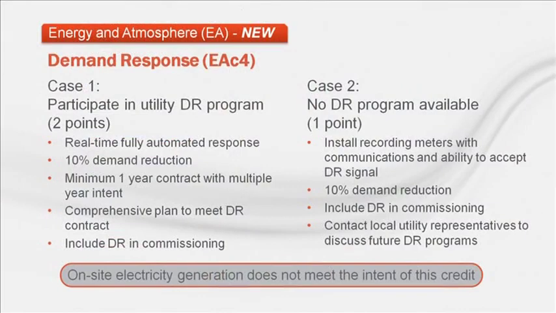Moving on, another new credit, demand response, can achieve either 1 or 2 points. The goal is to have an automated system that can either shed or shift load. In either case, the general requirements are the same: to have an automated and commissioned system capable of a 10% demand reduction.